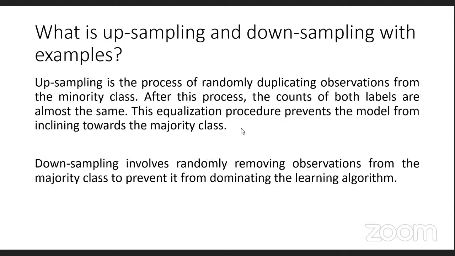If we have 90 and 10, we might remove 80 or 75 or something like that so that our data set becomes balanced. The overall sample size becomes 20, so the data set size is reduced. So when we have a huge data set, we can go with downsampling. If you have a small data set, we will go with upsampling.